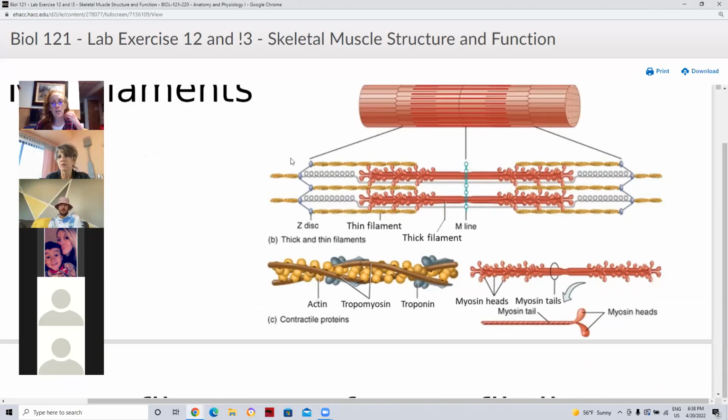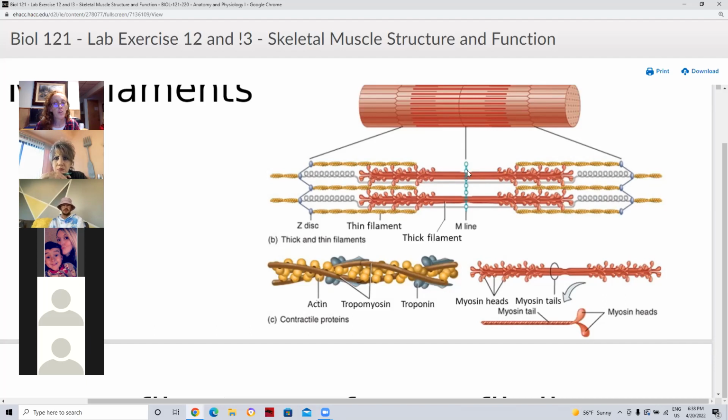You don't see all of it here, but here's your Z disc. Here's your Z disc. Here's your titin that's connecting with a thick filament. This area right here is the H zone.